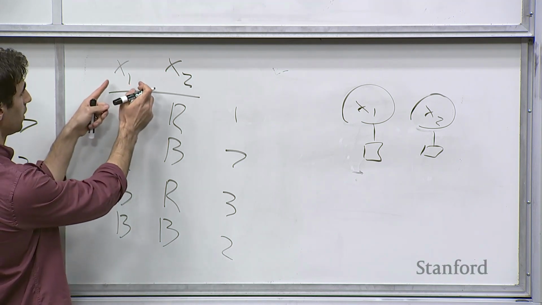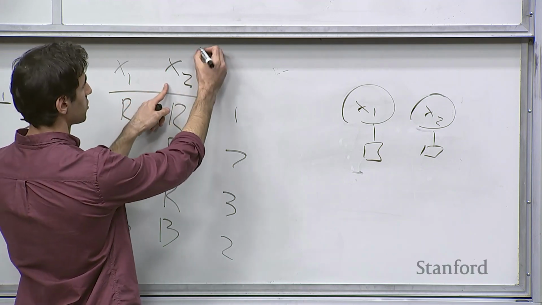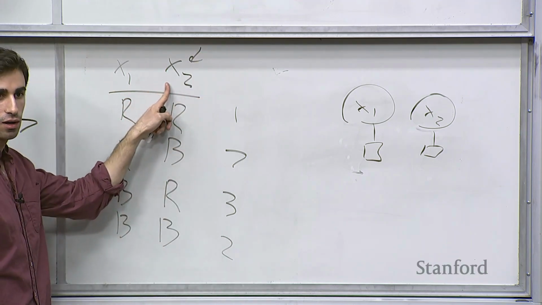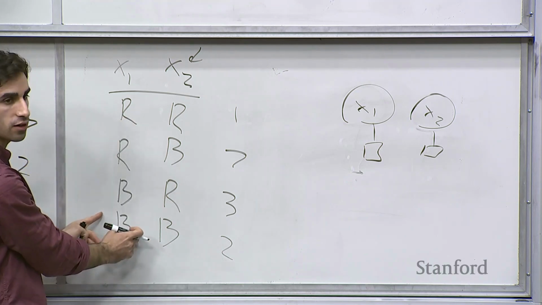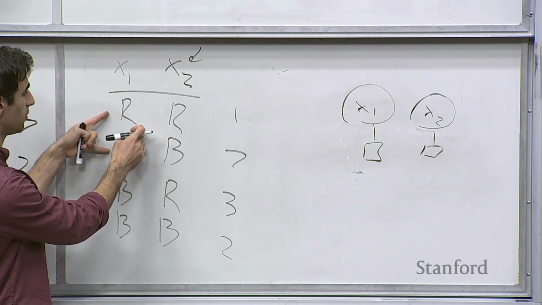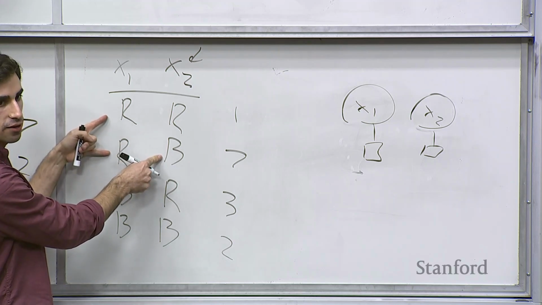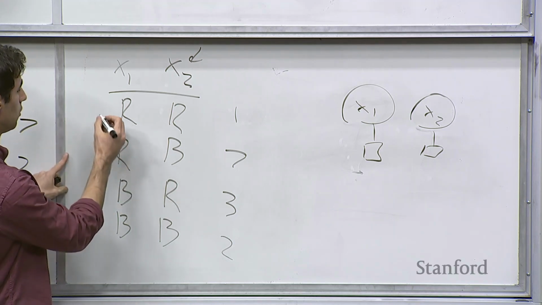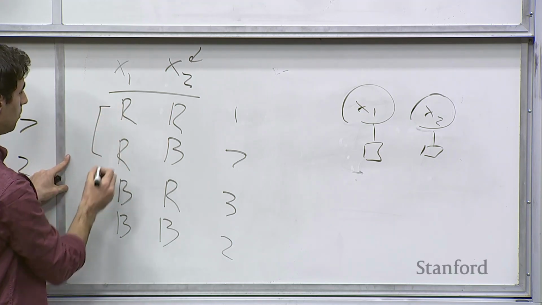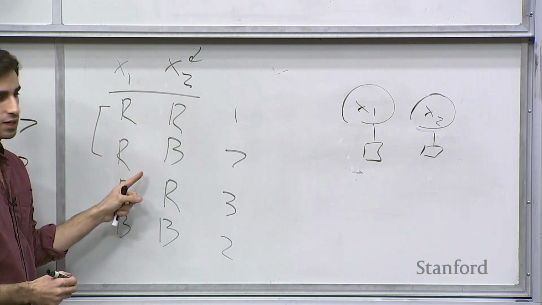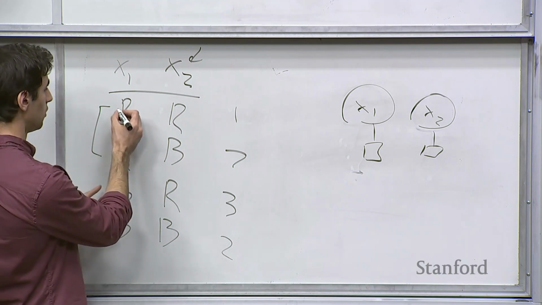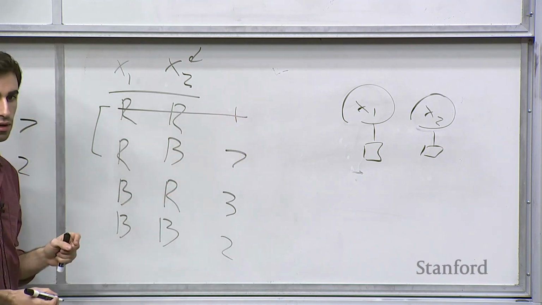So we would say, okay, we're trying to eliminate x2 right now. And we do that by looking at each value x1 could take on. And then for each value, we dynamically choose the best value for x2. So first, we look at red. So x1 is red. What's the best value for x2 in this case? It would be blue. So we cross out this row.